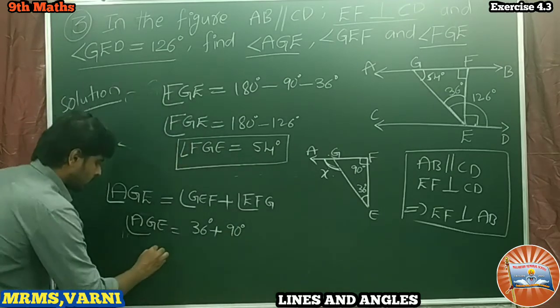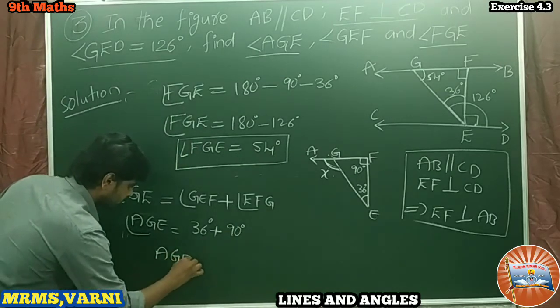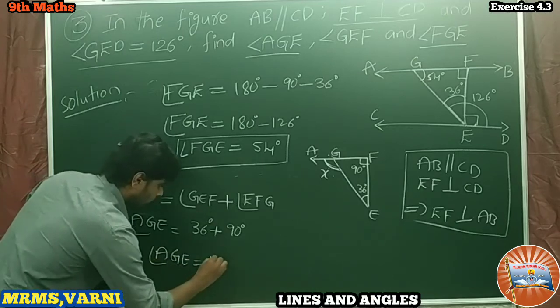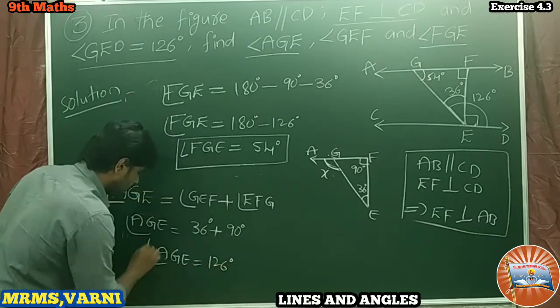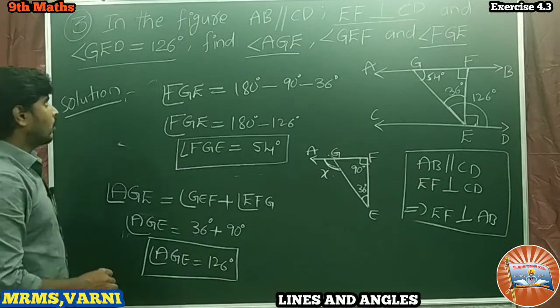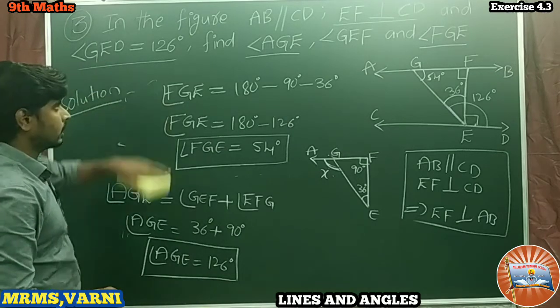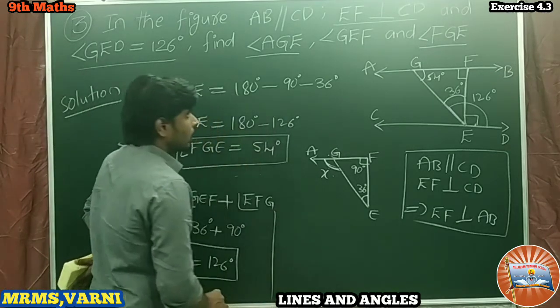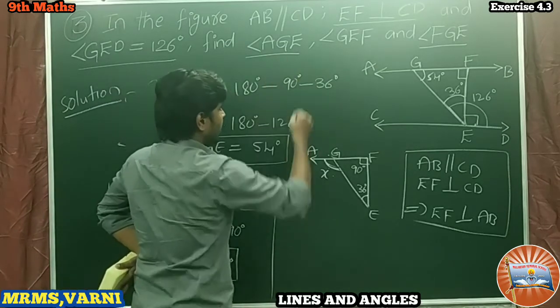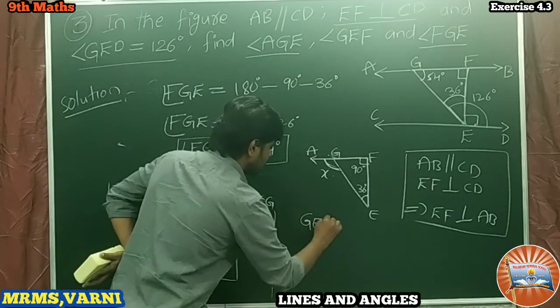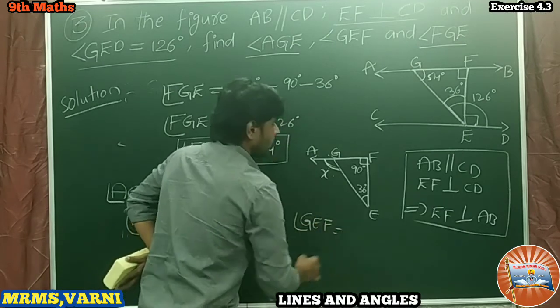So angle AGE is 126 degrees. So how many angles have we found? Three.